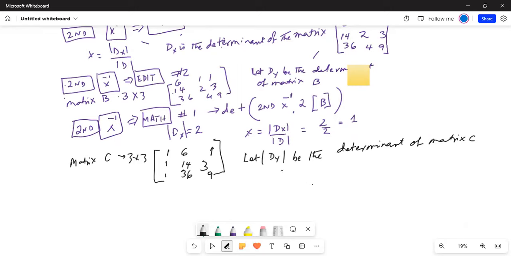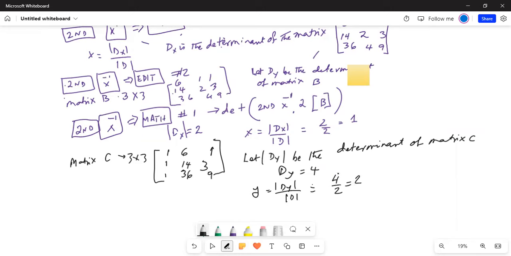So dy comes out as 4. So y is equal to determinant of y divided by determinant of the coefficient matrix, which is 4 over 2, is equal to 2. Okay, so we solved x and y.